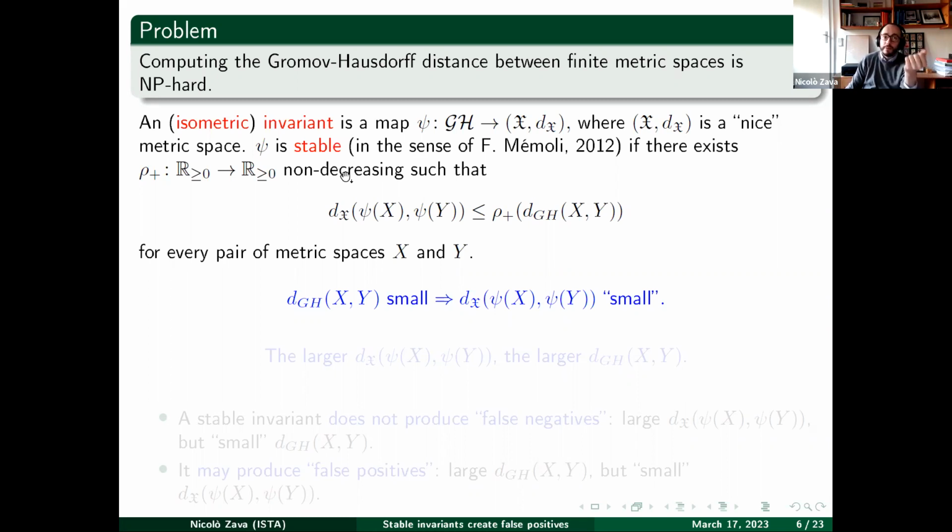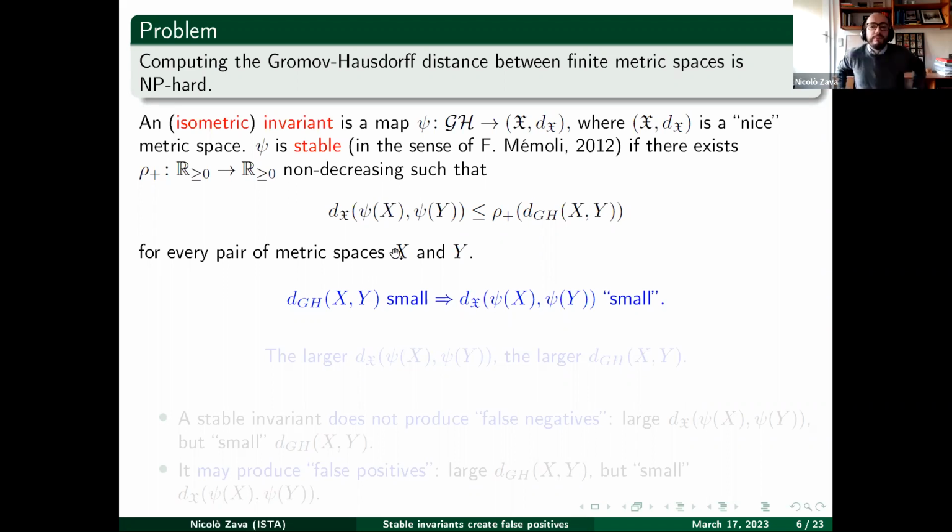But this map, this psi here, this invariant, is not an arbitrary function. We don't want just a function. We usually ask it to be stable. Here I'm borrowing the definition from memory. An invariant is stable if the distance between the invariants is bounded by some function of the original distance between the two associated metric spaces.